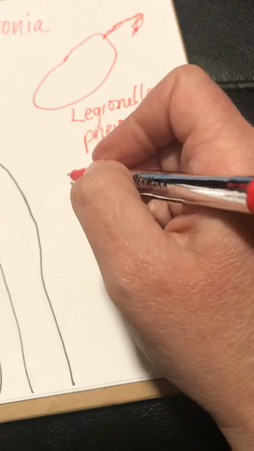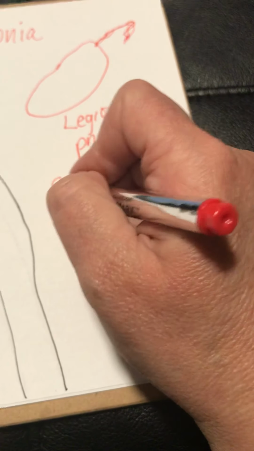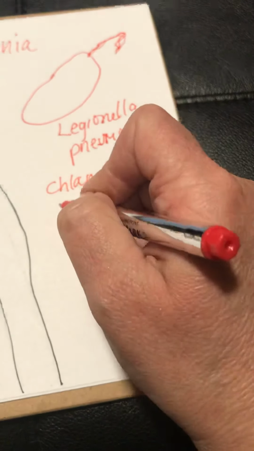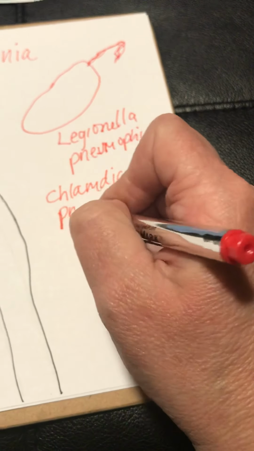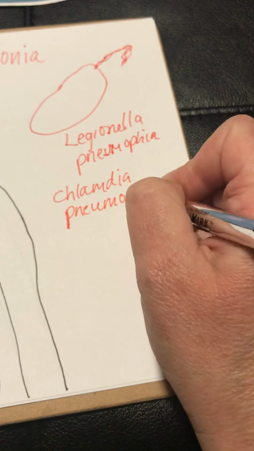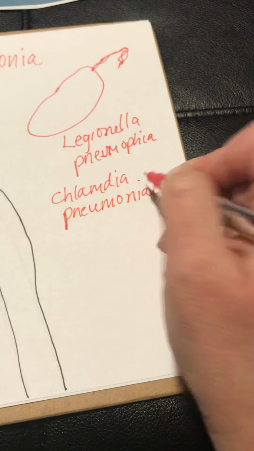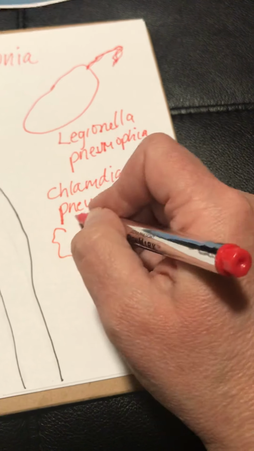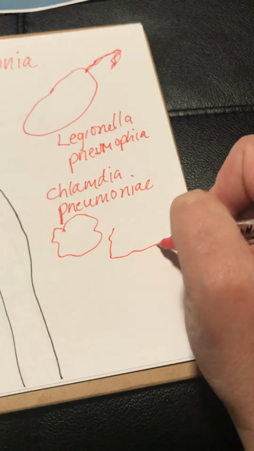Then we have Chlamydia pneumoniae. And these little guys look kind of like this.